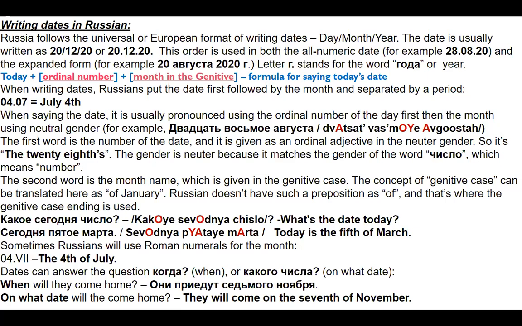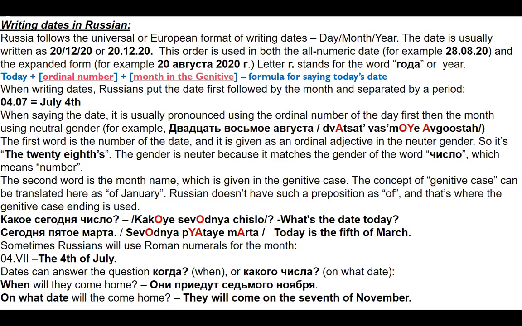For some reason, they don't like using dashes or slashes. They use periods. When saying the date, it is usually pronounced using the ordinal number of the day first, and then the month. For example, 28 августа.